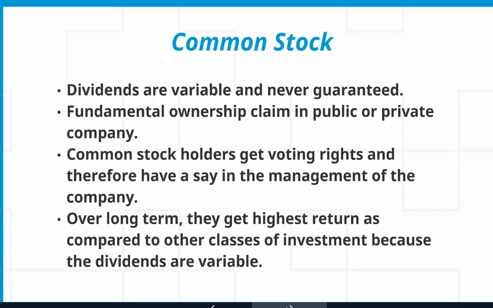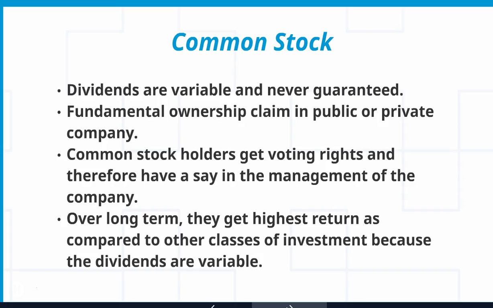Both common stock and preferred stock represent ownership in a company and a claim, i.e. dividends, on a portion of profits. But common stock is the fundamental ownership claim in a public or private company.